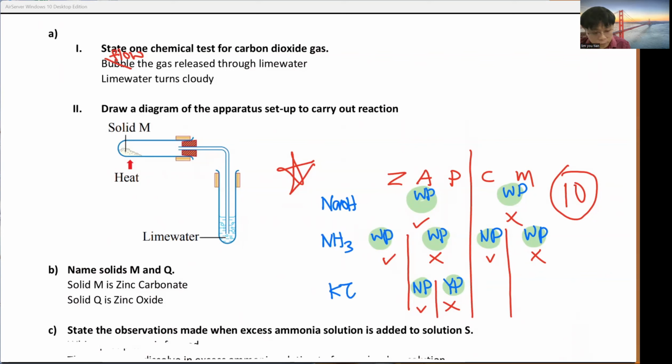Yeah, so you need this one, the retort stand. You need a retort stand. Clamp it. So you need to draw this one.